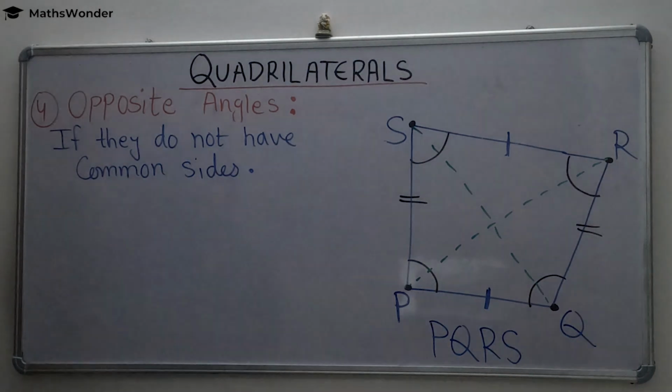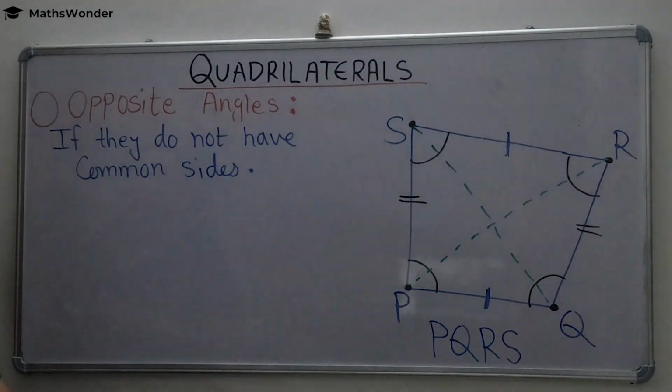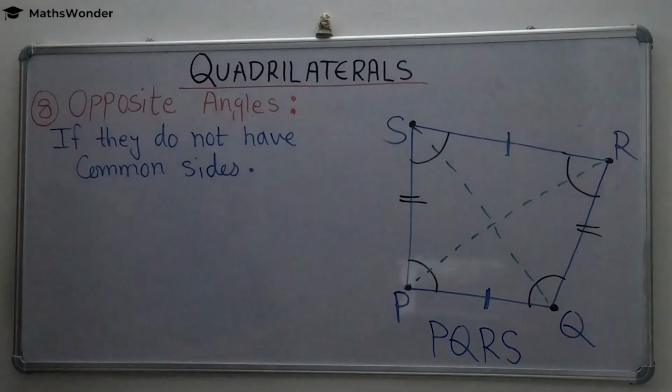So the last, the eighth element of the quadrilateral, is opposite angles. So what is opposite angle? If they don't have a common side. Two angles of a quadrilateral are called opposite angles if they don't have a common side.